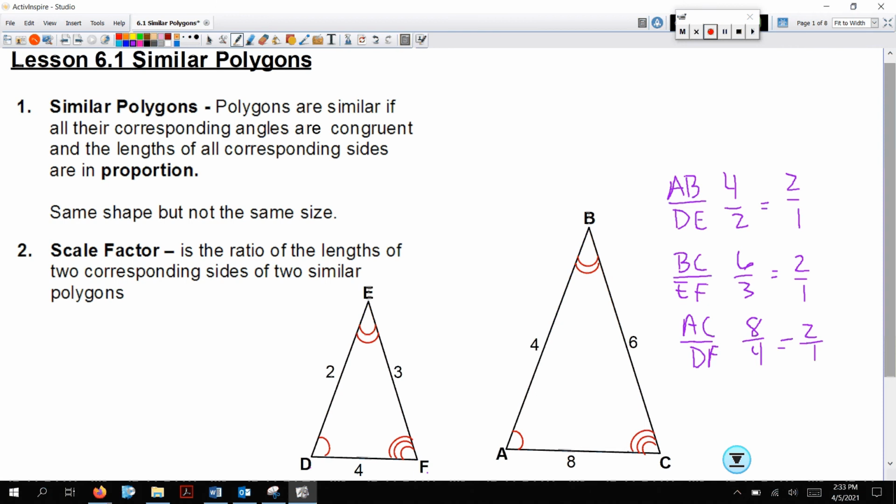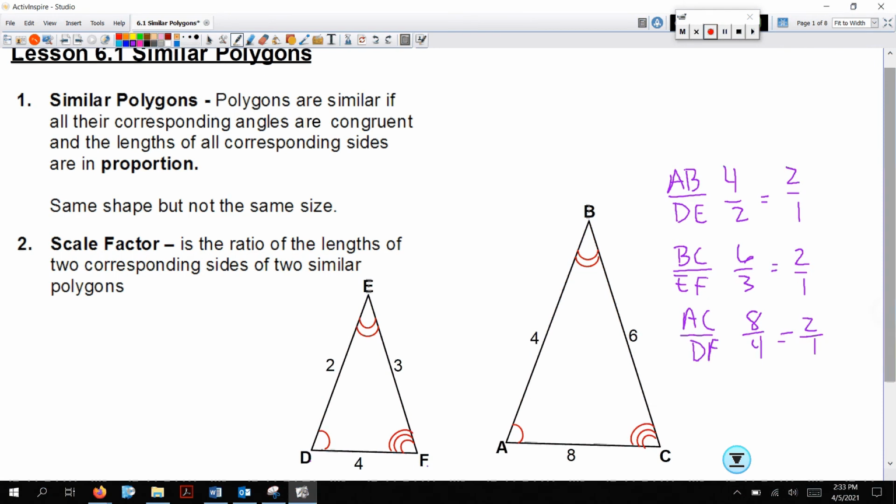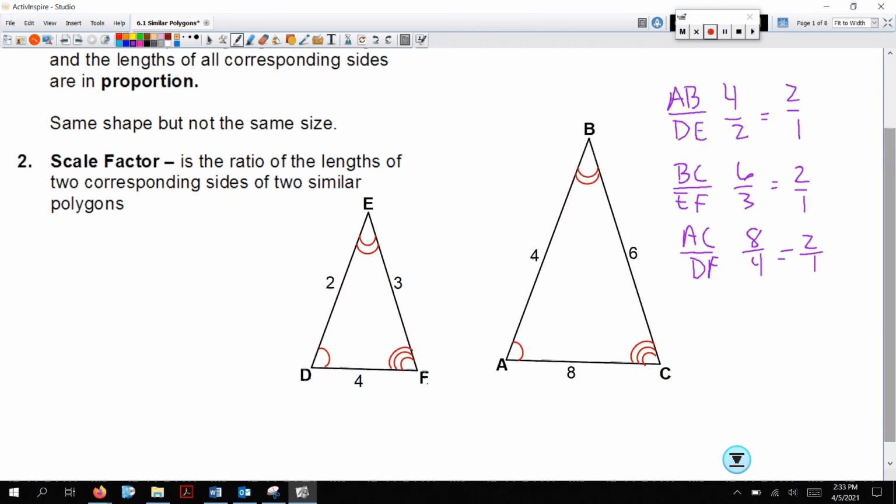So here is my similar statement. Triangle ABC is similar, see it's just like that little swoopy, no equal sign this time, to triangle DEF. Notice I led with all of the sides from AB in my numerator every time, and the triangle DEF was in my denominator.